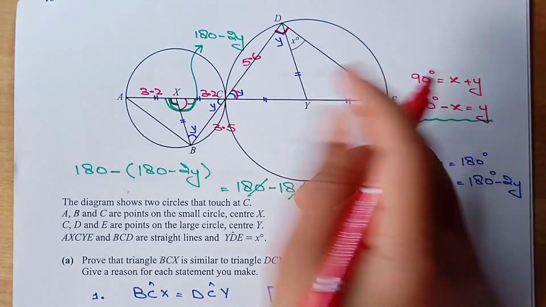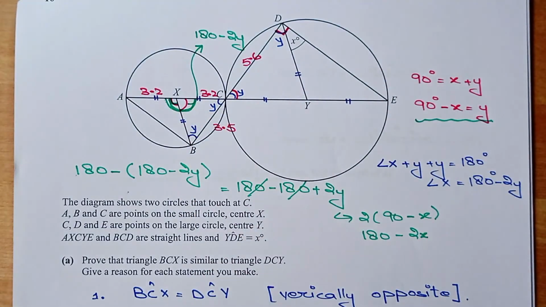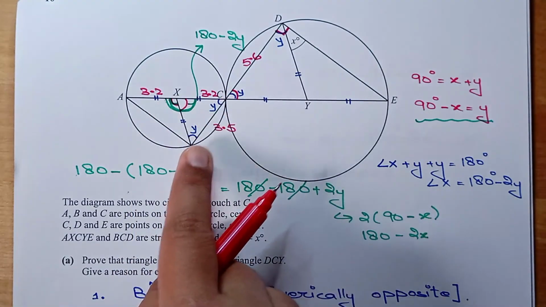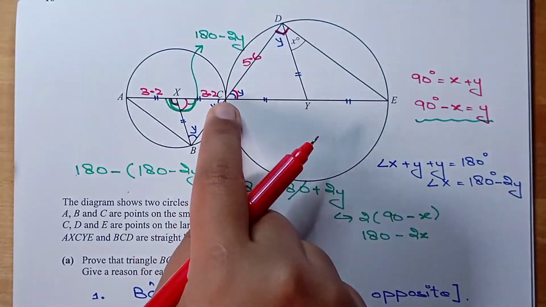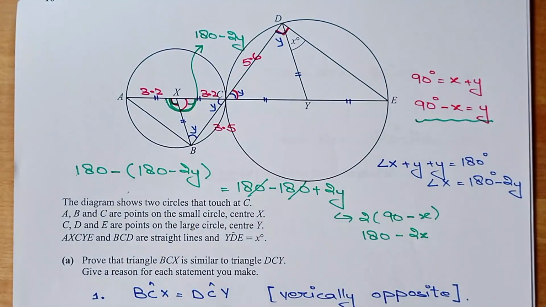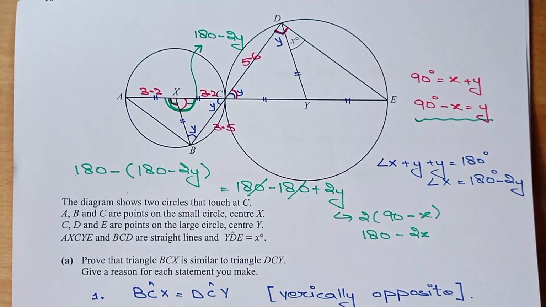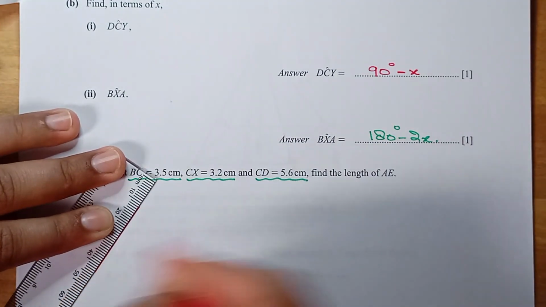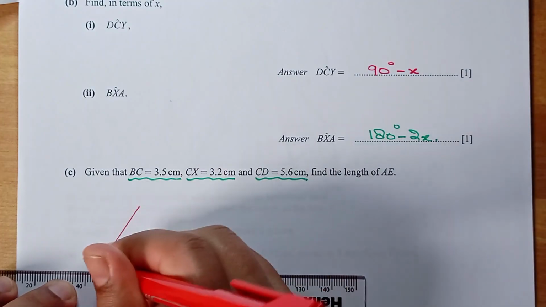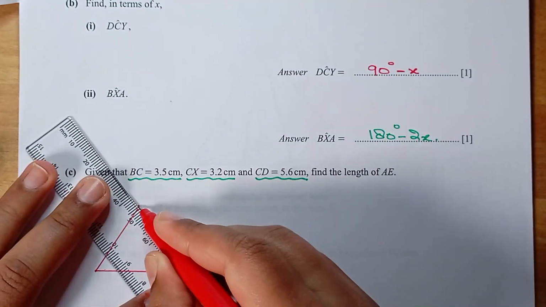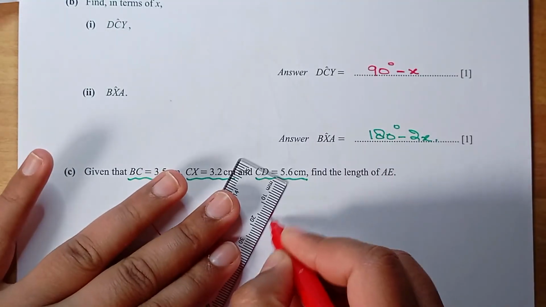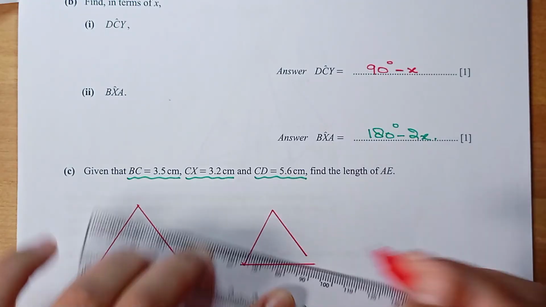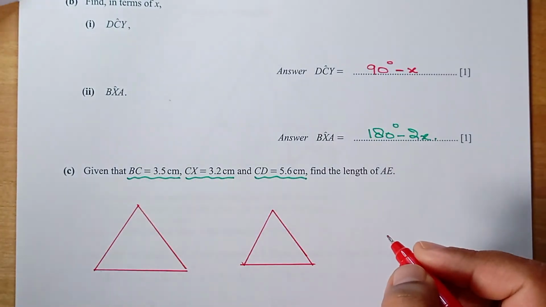As we know, these two triangles are similar. We know XC, CB and CD, and we need to find CY. Let me draw these two similar triangles separately in the same direction to make it more visual.